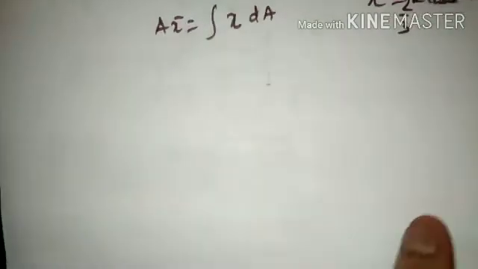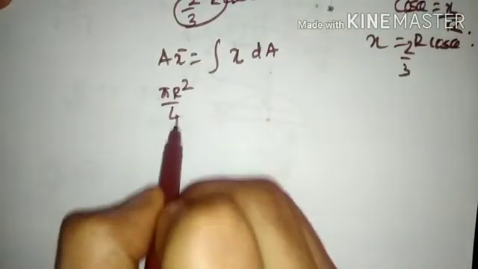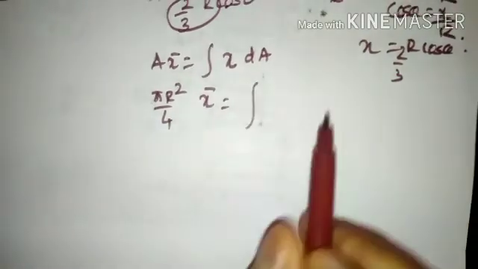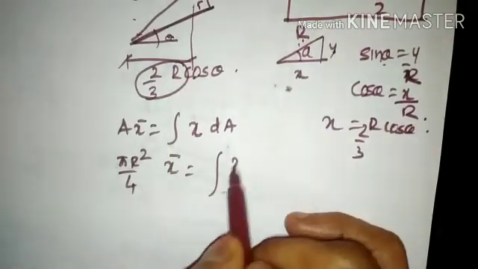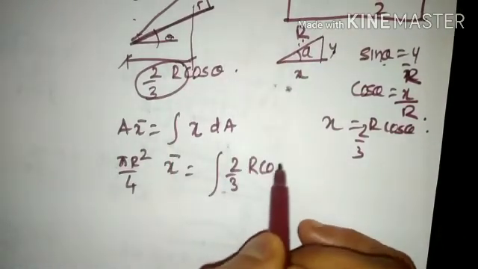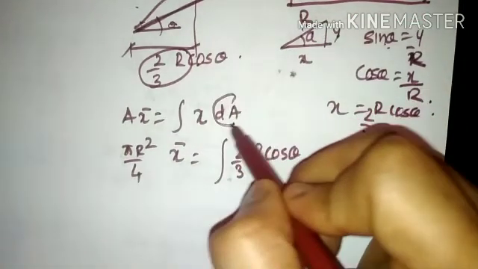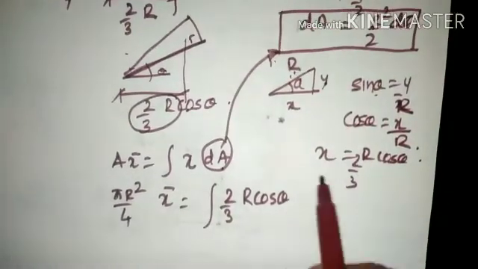We substitute the area of the quarter circle section as pi r square by 4, with x bar as it is. Then in the integration, x would be 2/3 of r cos of theta multiplied by dA. dA is the elemental area, which is r square by 2 d theta.